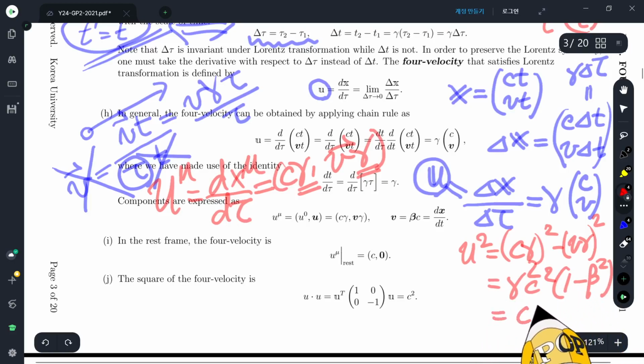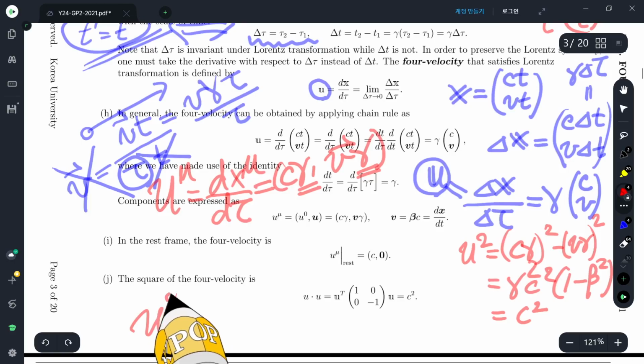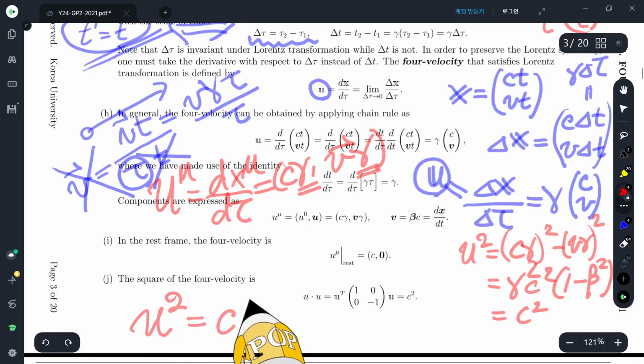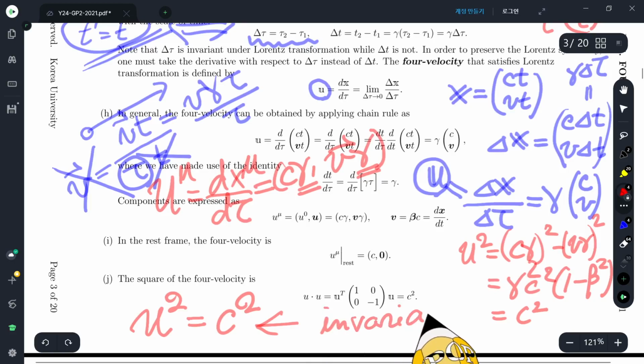This answer is c squared. Therefore, for the 4 velocity u squared, its value is the speed of light squared. It is invariant under Lorentz transformation.